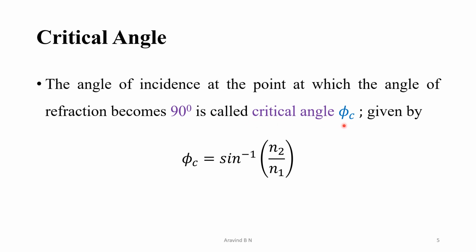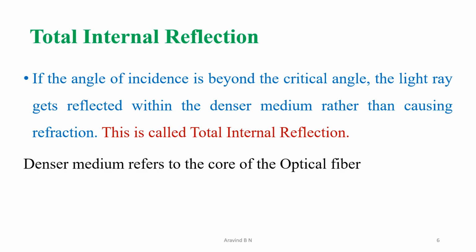It is represented by phi c, and its equation is phi c equals sine inverse of n2 by n1, where n1 is the refractive index of the core and n2 is the refractive index of the cladding. We'll go through this in detail in the upcoming diagrams with more clarity.